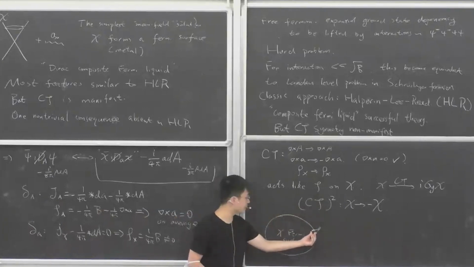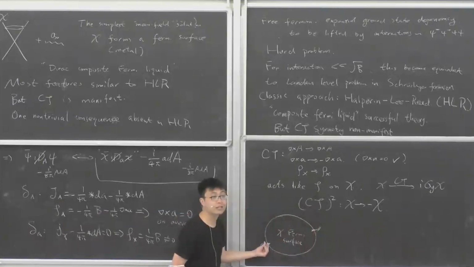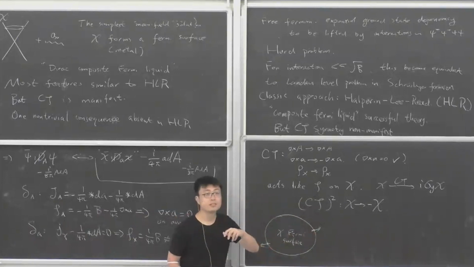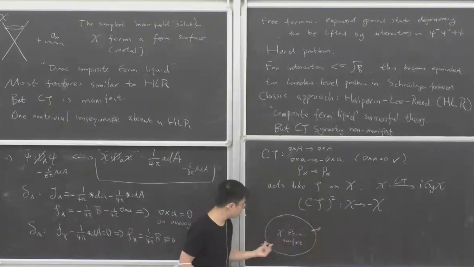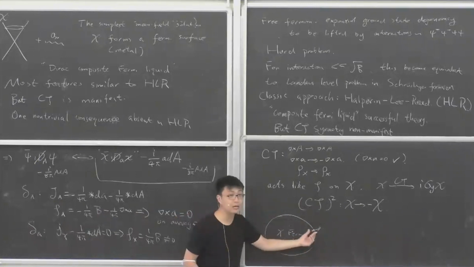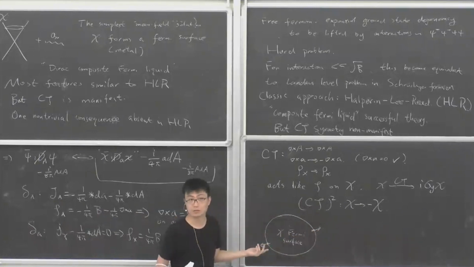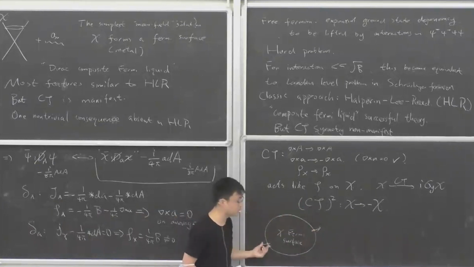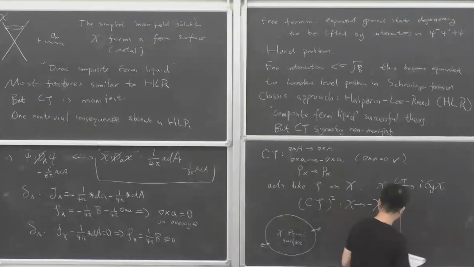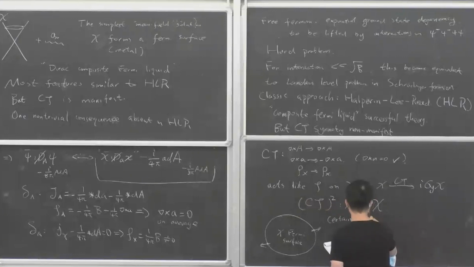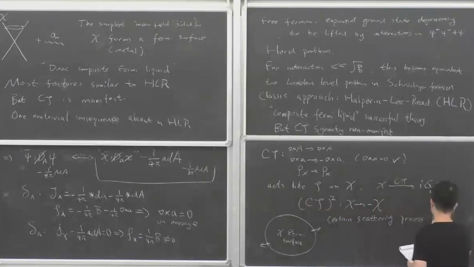If I try to scatter a fermion from KF to minus KF, I also have to flip the spin. But if I'm not allowed to flip the spin for whatever reason, let's say time reversal symmetry or the CT symmetry, then this kind of scattering will be forbidden. So essentially, this means certain scattering processes are forbidden by CT.